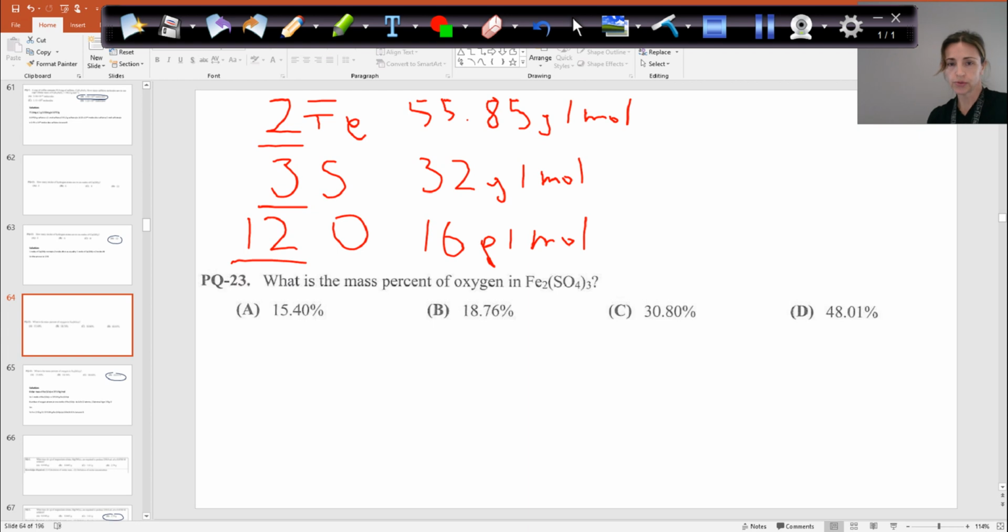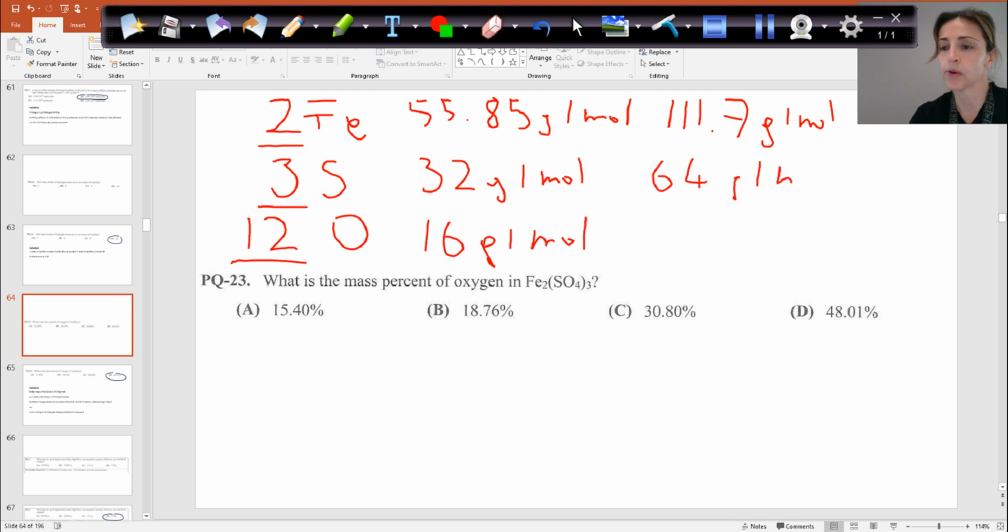So if I do 55.85 times 2, that's 111.7 grams in each mole. If I do 32 times 2, that's 64 grams per mole. And 16 times 12, that's 192 grams per mole.